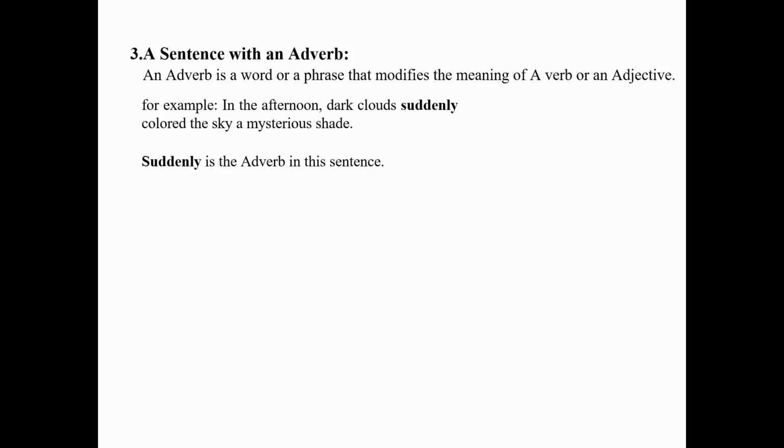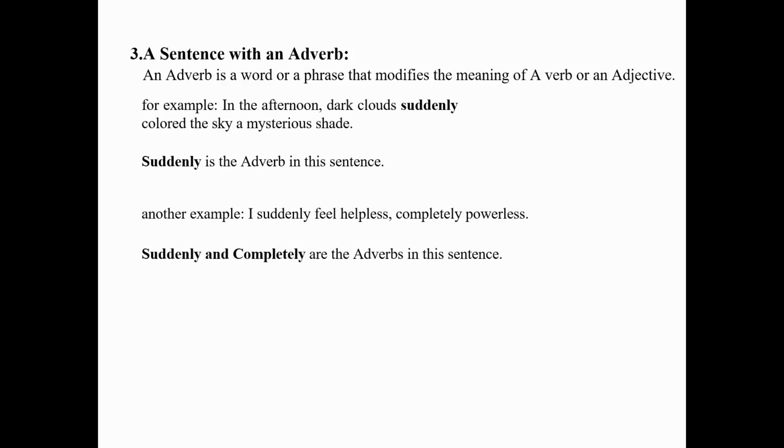Suddenly here is the adverb in the sentence. Another example, I suddenly feel helpless, completely powerless. Suddenly and completely here are both adverbs. Suddenly modifies the verb feel, while completely modifies the adjective powerless.